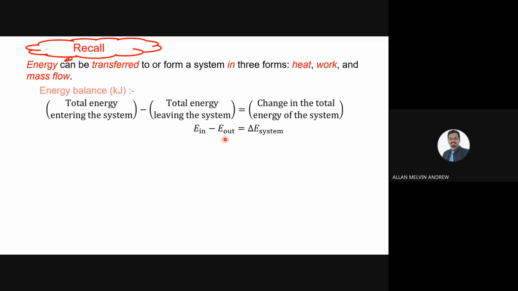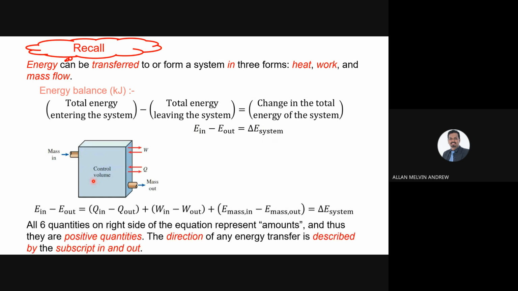Okay, so E in minus E out equals the change in the system. You can see that a closed system, sorry, a control volume is an open system. In an open system, you will have mass in and mass out, and also work in and work out, and Q in and Q out.